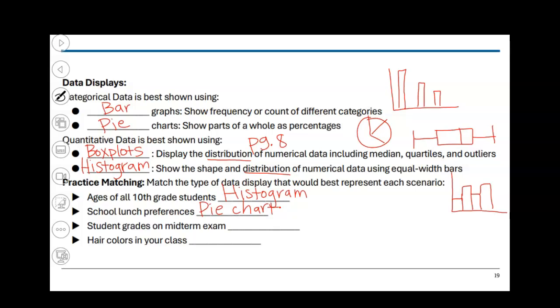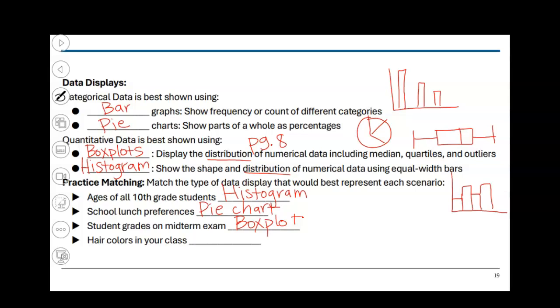Student grades on midterm exam. It is quantitative. Good job. Would I use a box plot or a histogram to display that data? Box plot. Good. The box plot will give me very good information about who scored the highest, who scored the lowest, who was an outlier, what was the average for the class, what was the median, what was the mode. All of that's very important for that data.